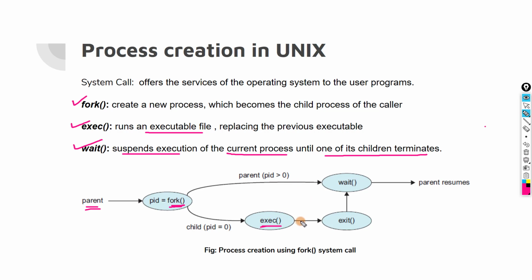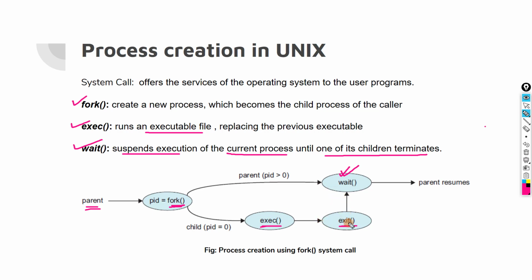And after some time, when the child is executed, it will call the exit system call, which will actually terminate the child. So here the parent calls wait. I mean, the parent is pausing its execution and is waiting for its child to be finished or terminated.